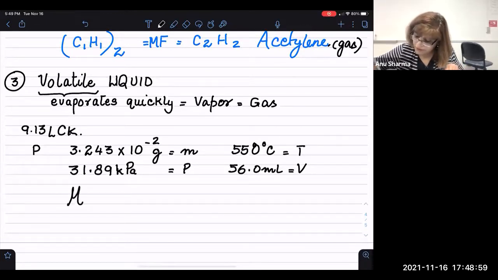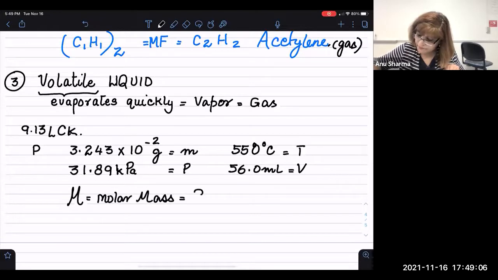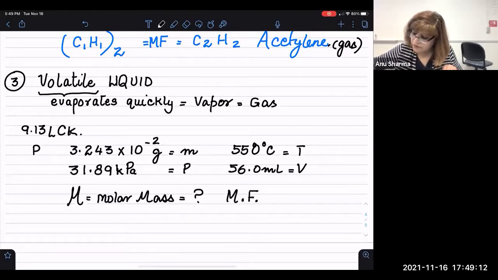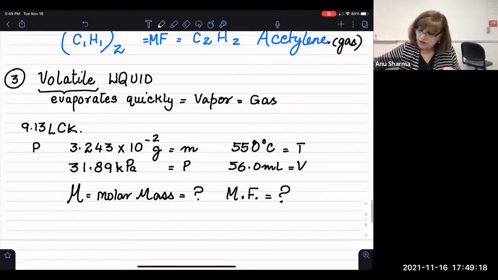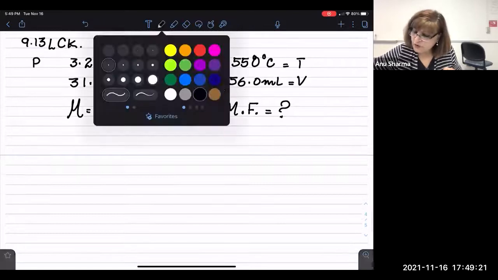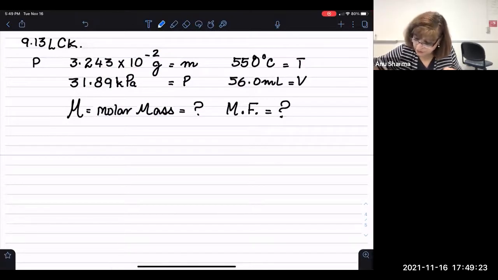So find the molar mass, M, and the molecular formula, both of the phosphorus vapors. Okay, so here are a few things we need to do. We have to do a lot of conversions. First is convert.